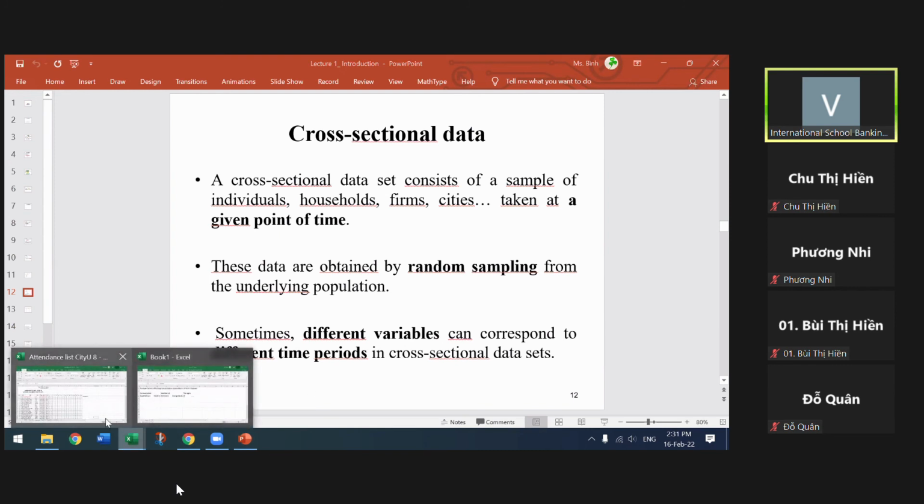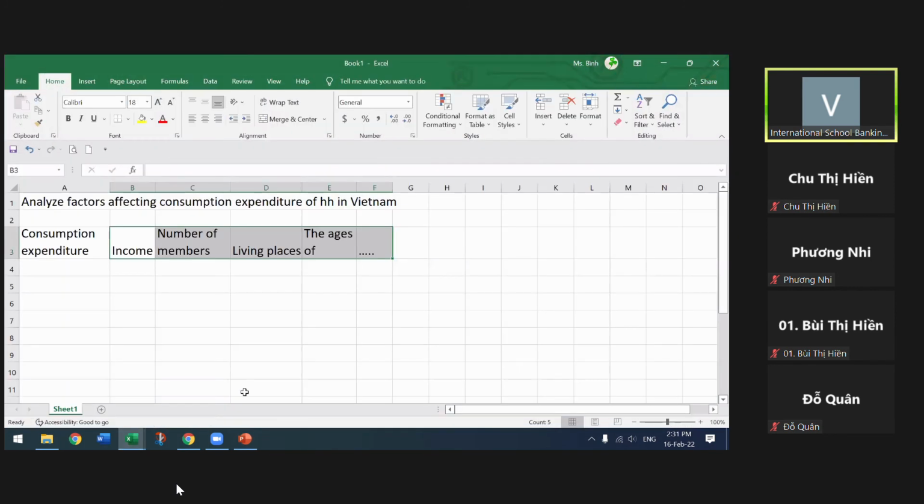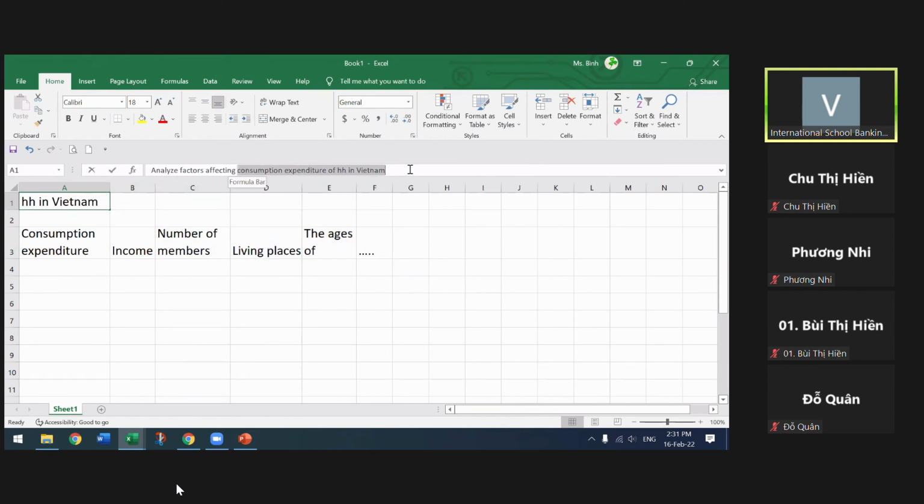So let me explain this point. For example, we want to analyze factors affecting the GDP of countries in the world.